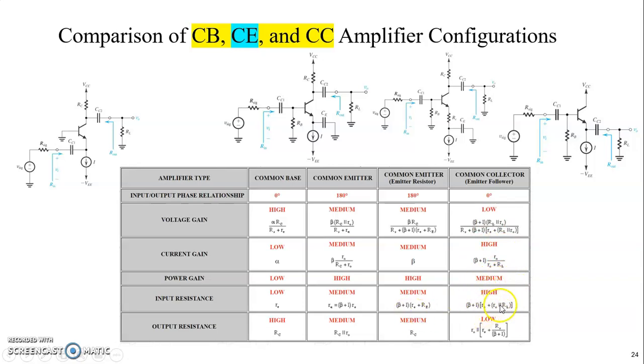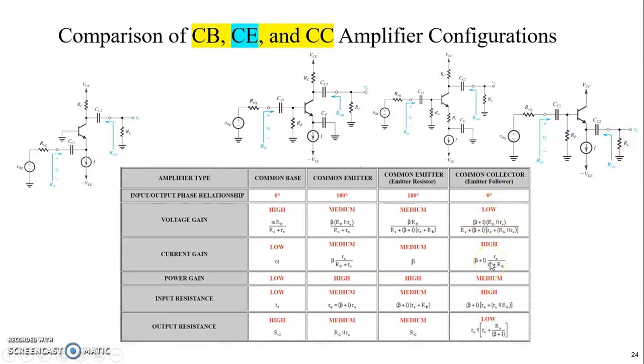Input resistance is very high, very good thing. Output resistance is very low, also a very good thing. It means in this table, if we want to compare the impedances, then this amplifier is the best, right? But voltage gain is very low, but current gain is very high, right?